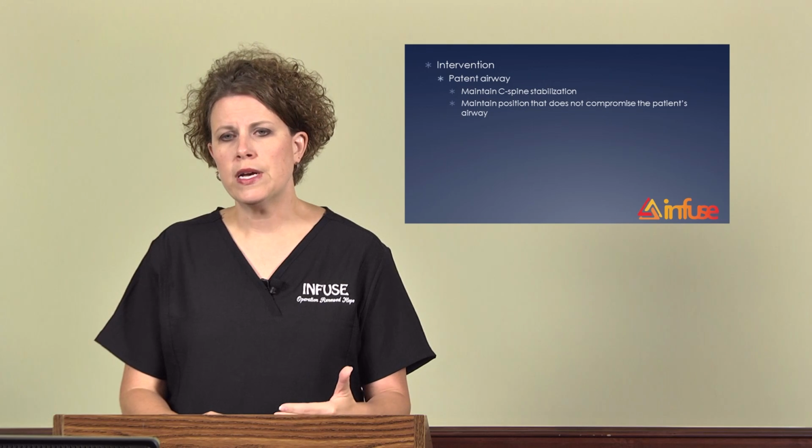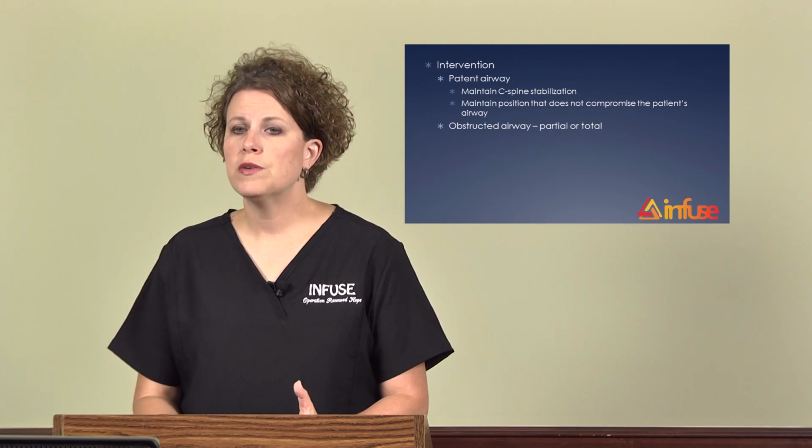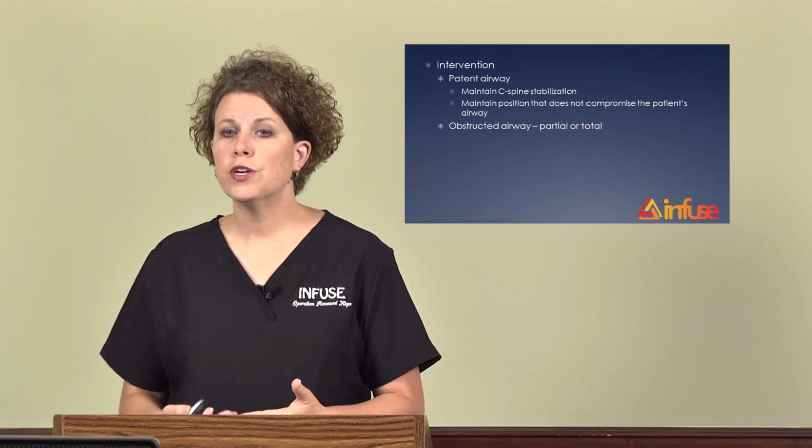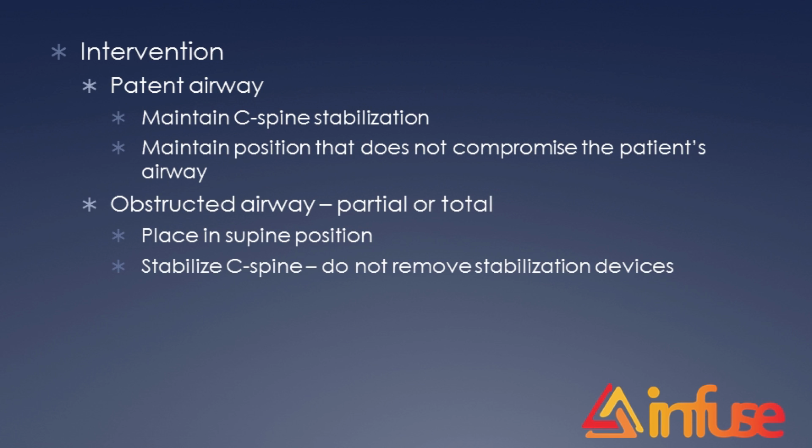So as we look at airways, and we're looking specifically at an obstructed airway, we need to know, is it partially obstructed or is it totally obstructed? So we want to place the patient in a supine position, and then we again make sure we stabilize their C-spine, and then we want to open the airway. If the airway is partially or fully obstructed, we need to be able to get in there and remove the obstruction.